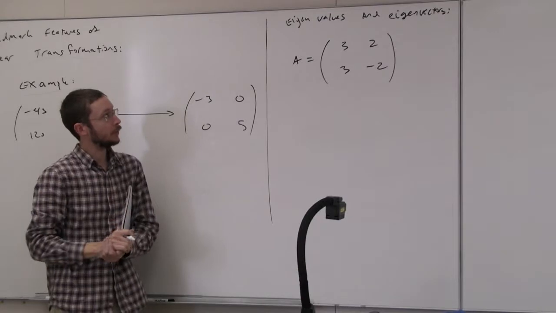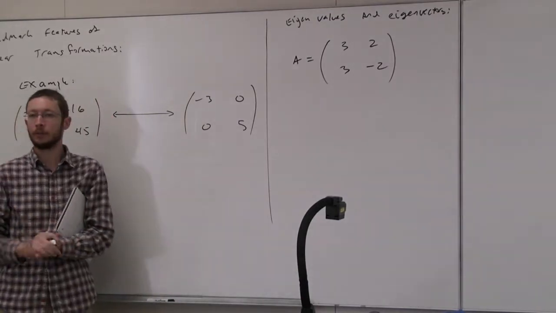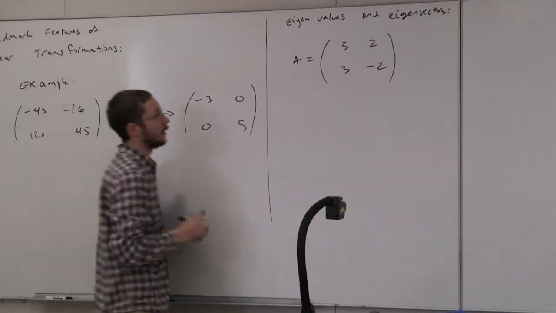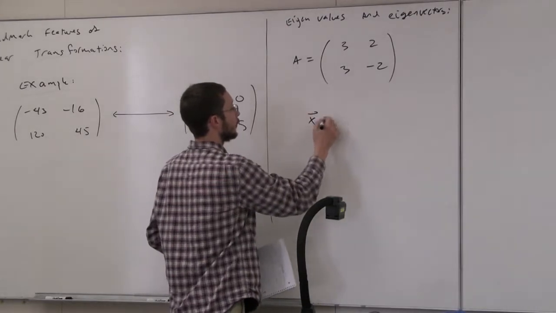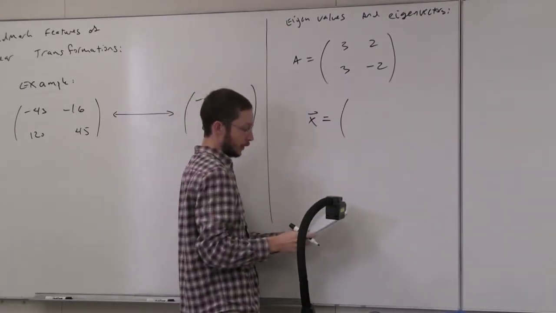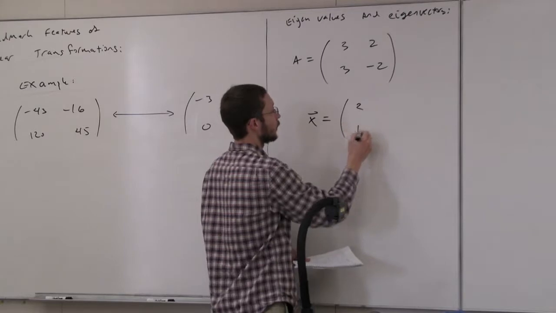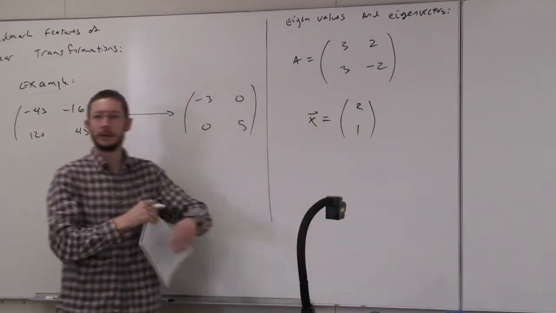And with this transformation, I'm just going to do a rabbit out of a hat method of pulling out an important vector. Let's consider this vector (2, 1).